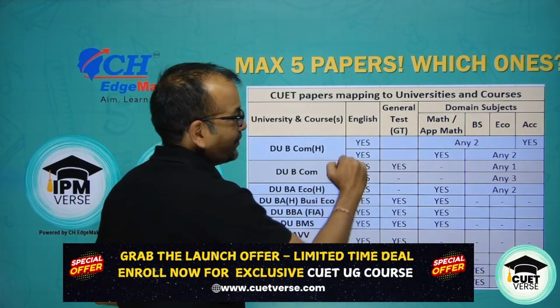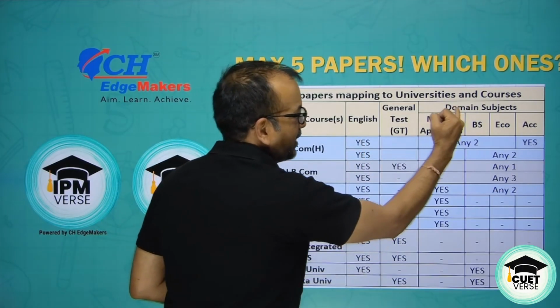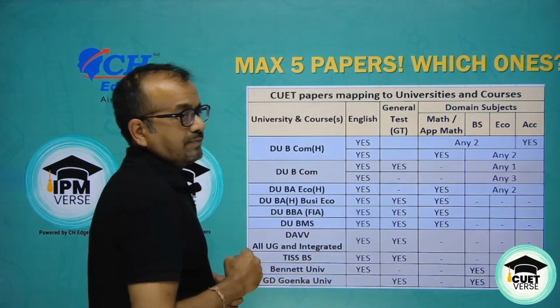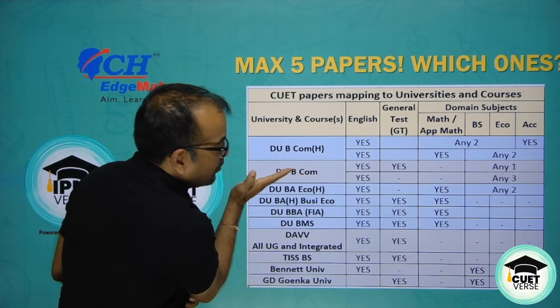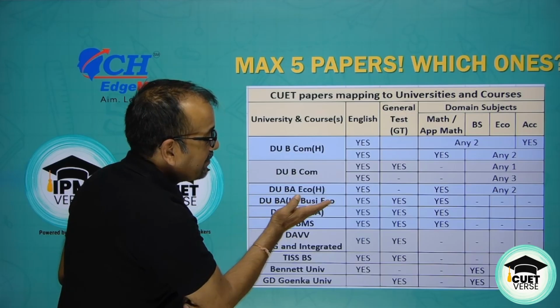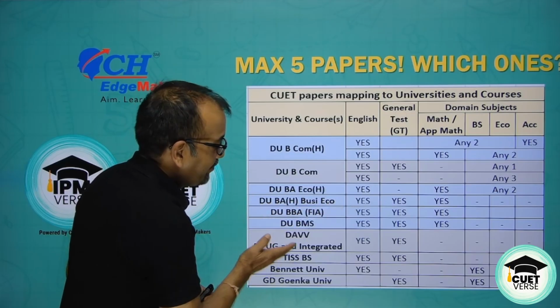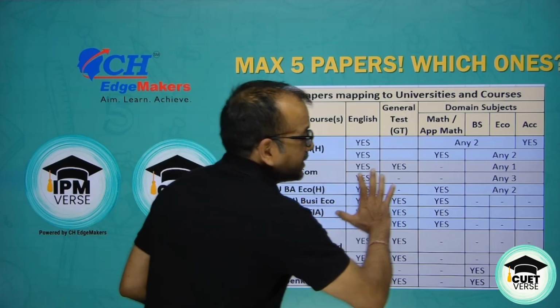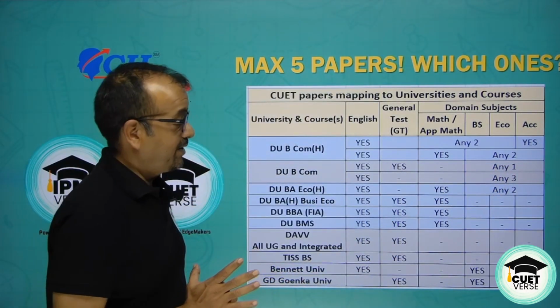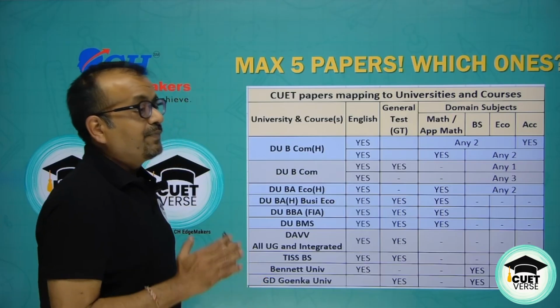Alternatively, you make English compulsory, math or applied math compulsory, and then out of the remaining domain subjects, any 2. Similarly, for DU BA Economics Honors, DU BA Business Economics, DU BBA, DU BMS, the requirement of subject papers is mentioned here in this table.